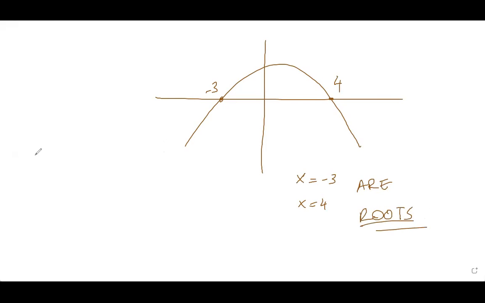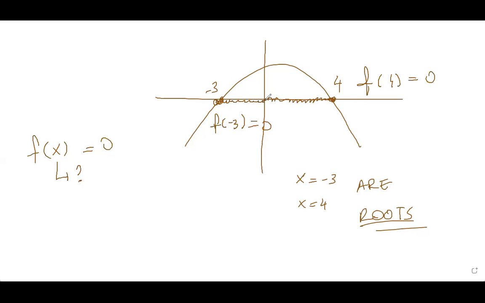Roots means f of x is equal to 0. It's clear that f of -3 is equal to 0, f of 4 is equal to 0. When x is 4, you see the y value is 0. When x is -3, the y value is 0.